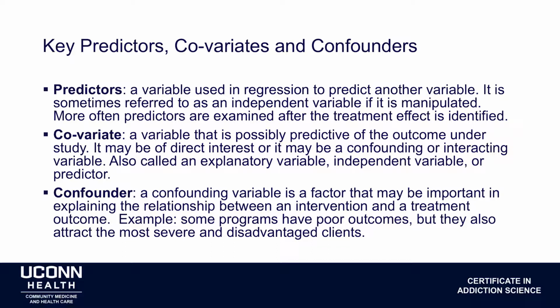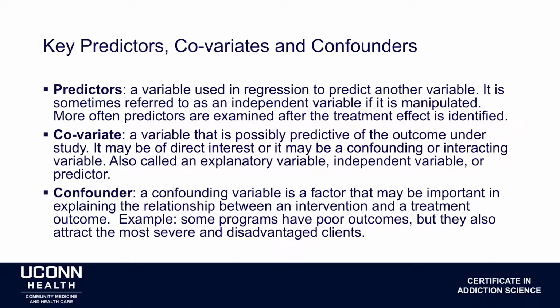Another type of variable that we want to measure is called covariates. Covariates are variables that are possibly predictive of the outcome under study. It could be of direct interest, or maybe that we just need to protect ourselves against what is called confounding or an interacting variable.